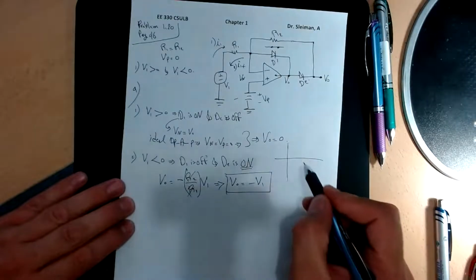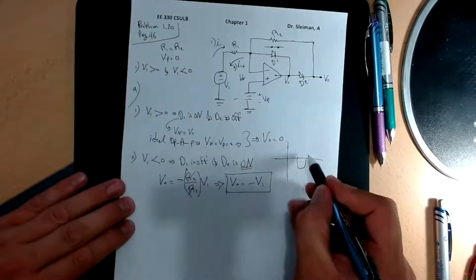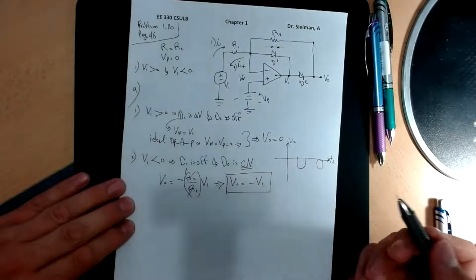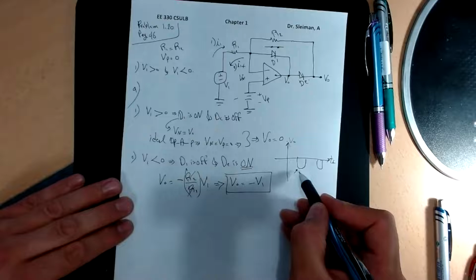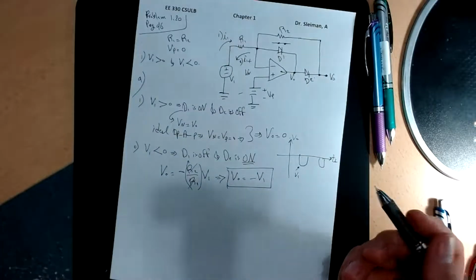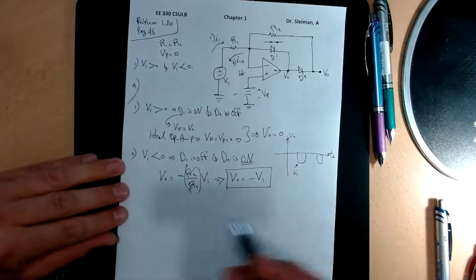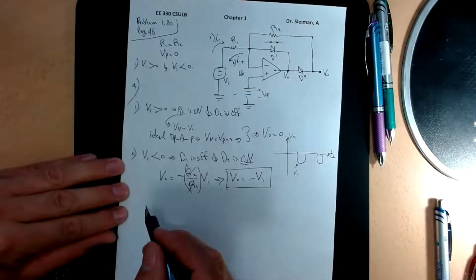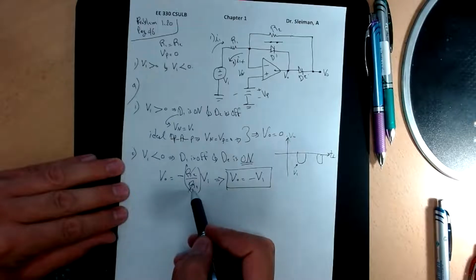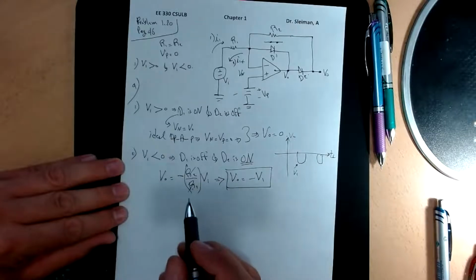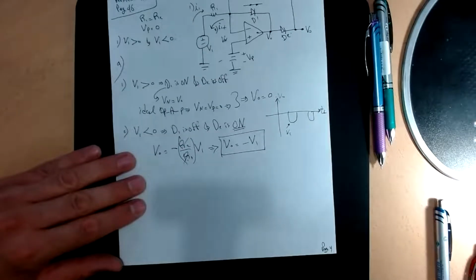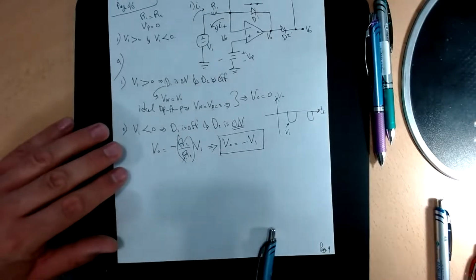In this case, V1 is equal to V0, the negative. And for part B and C, just repeat if R2 is equal to 2R1. So the value is a little bit different. I'll leave it to you. So let's get a paper.